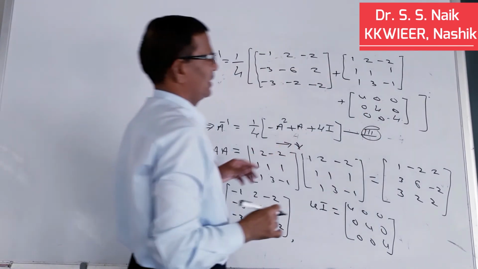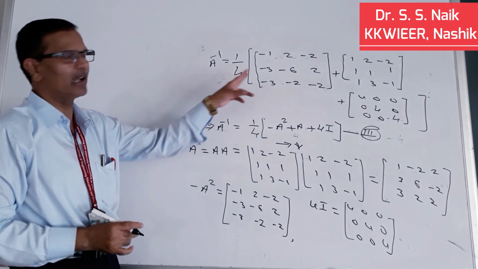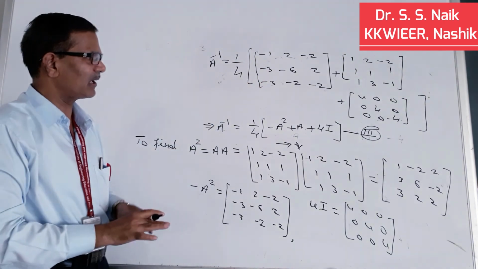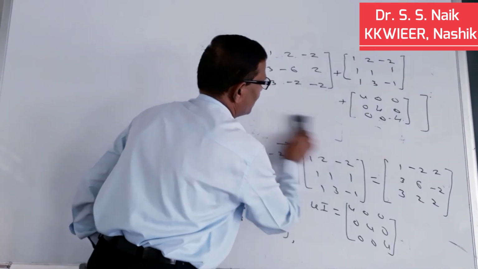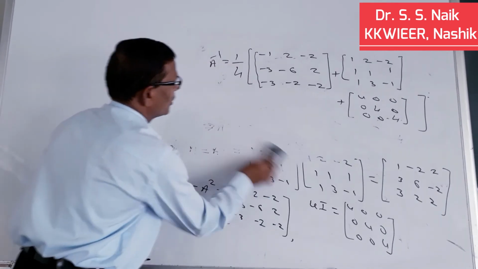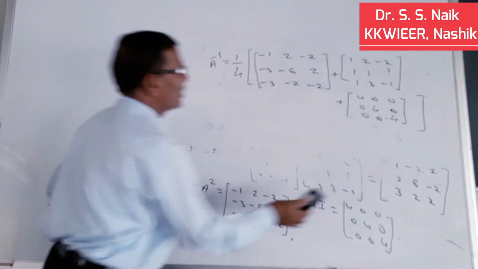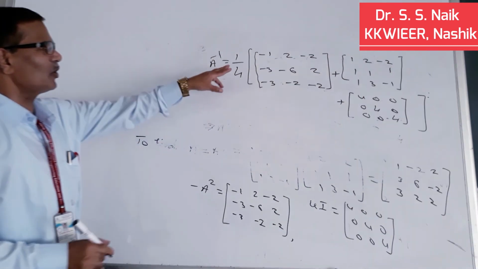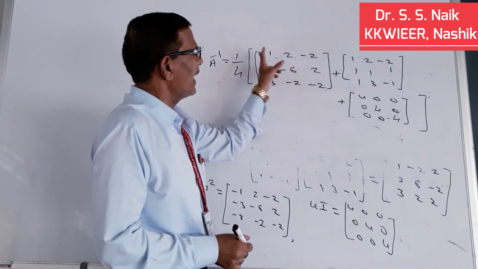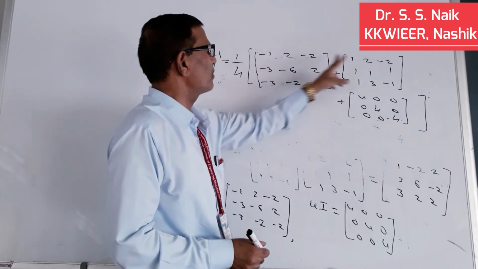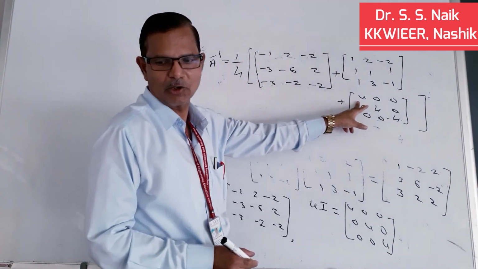Now, just try to understand. You are adding 3 matrices. When the 3 matrices are added, you have to add the corresponding elements of the 3 matrices. So you add the 3 elements: minus 1 plus 1 and then plus 4. Minus 1 plus 1 will get cancelled, so the first element will be 4.